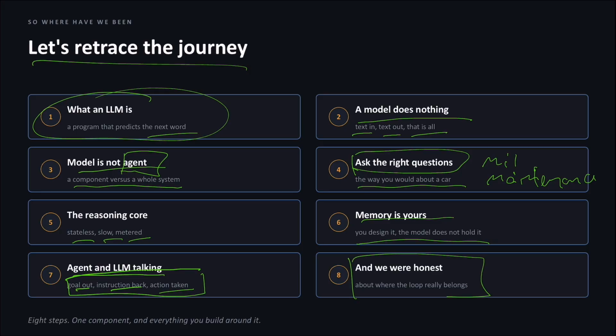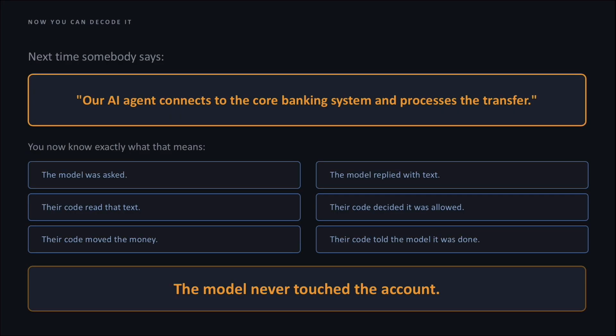This is how we saw the loop functions. 8 steps, one component, and everything you build around it. Perfect. So I believe we have a fair idea about how to design the agent.